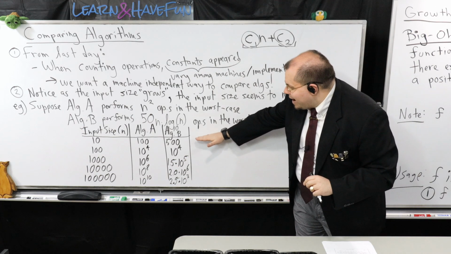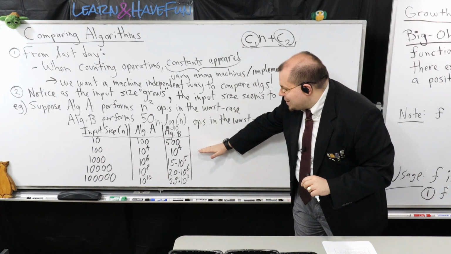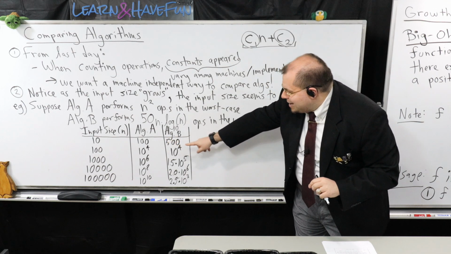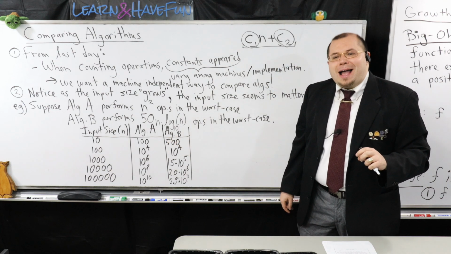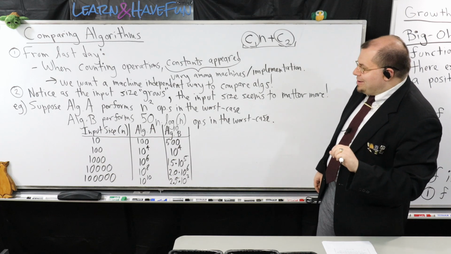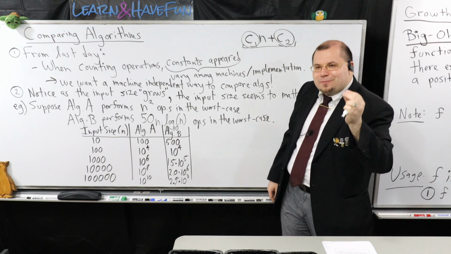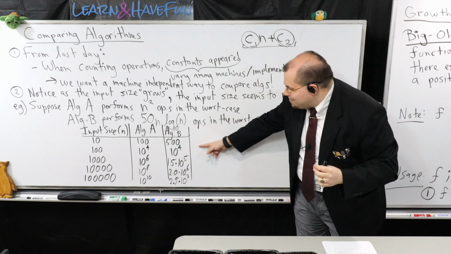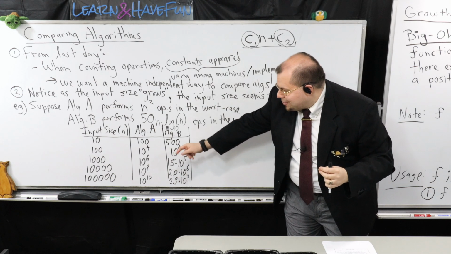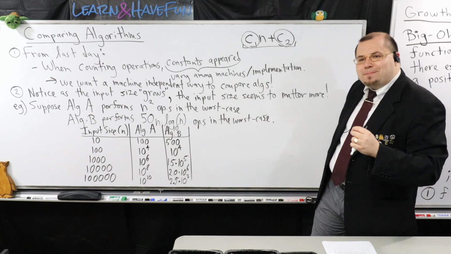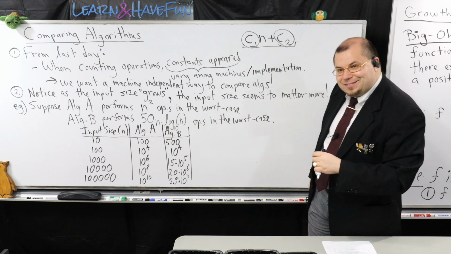So notice that as I make the input size larger, when I get to 100, the numbers here match, right? So you're going to start noticing that there's going to be a flip of a switch here, where as the input gets bigger, algorithm A is now going to start performing more operations than algorithm B does.